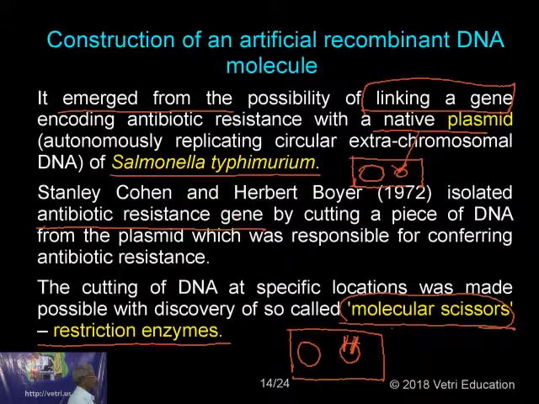So this cutting of DNA at a specific location was made possible with the discovery of so-called molecular scissors, called restriction enzymes, which are of two types, which we will be discussing later on: endonucleases and exonucleases. One opens the DNA from the end, another in the middle. So they are the molecular scissors.